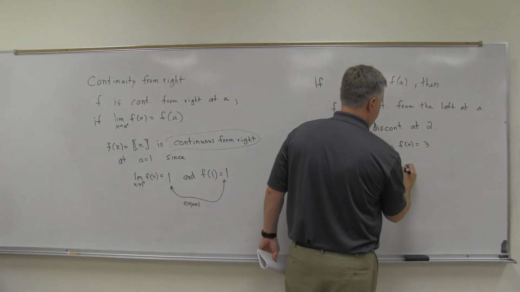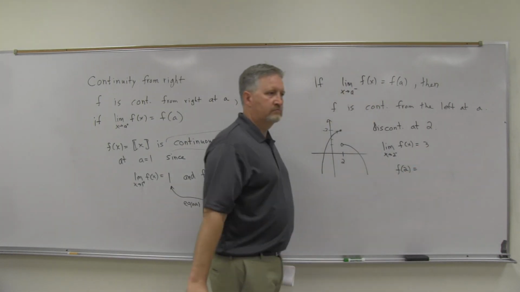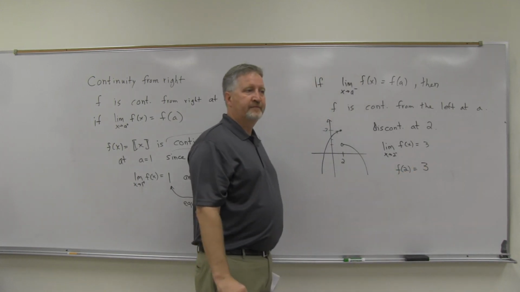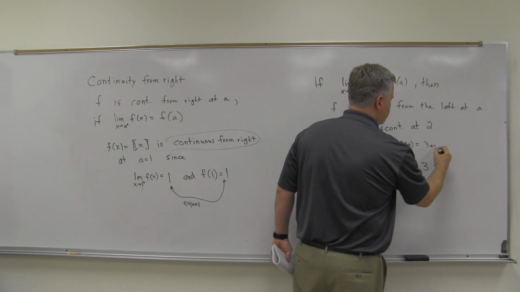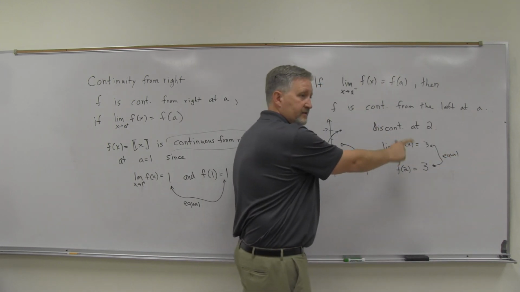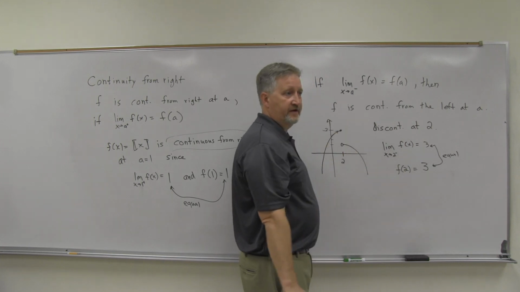What's the function value at 2? Well, the dot's up there, isn't it? It's 3. So if those two things are equal, then the limit from the left is equal to the function value. That's continuous from the left, okay?